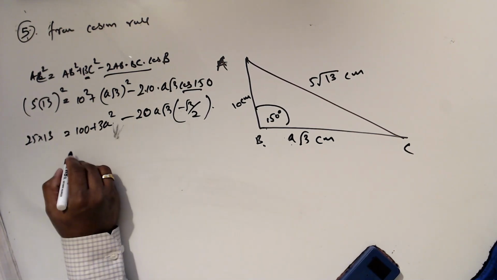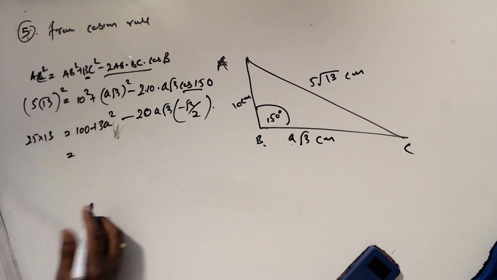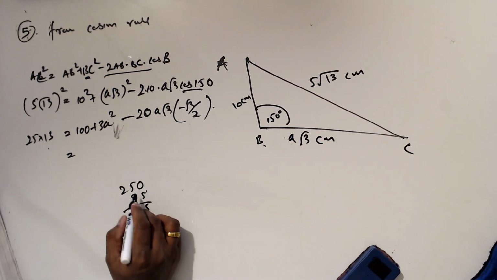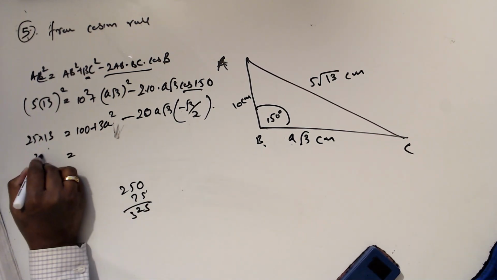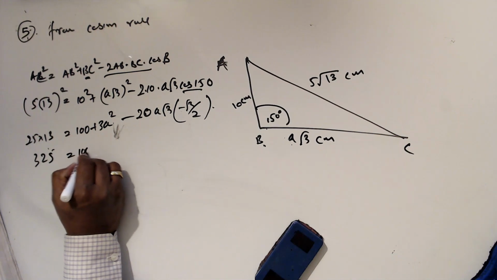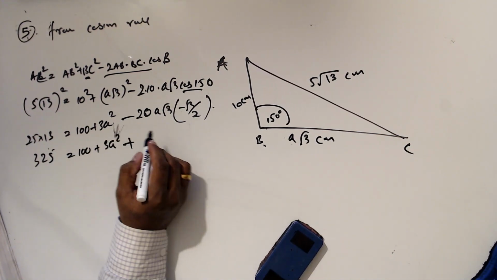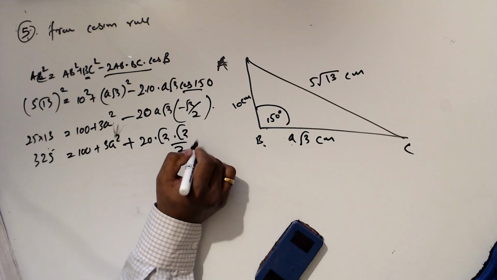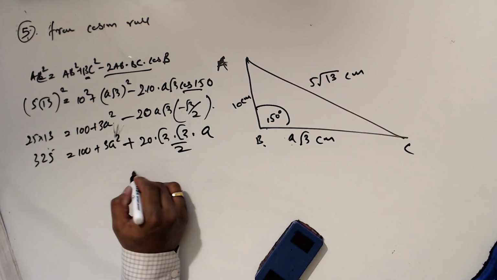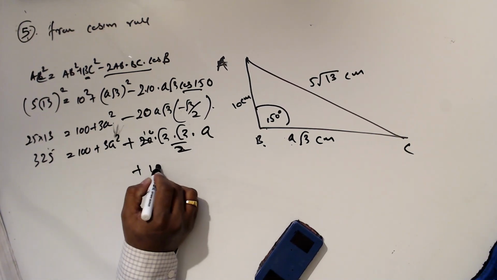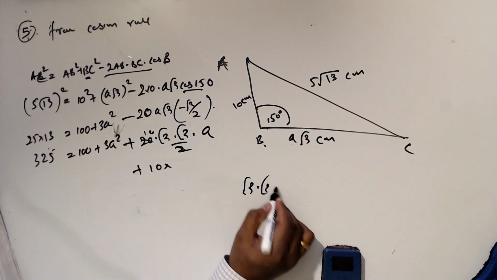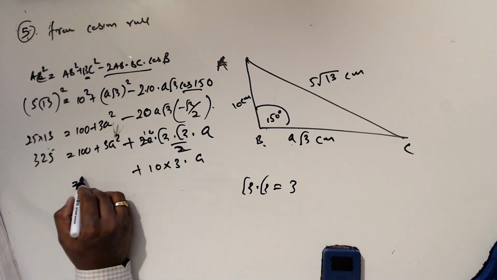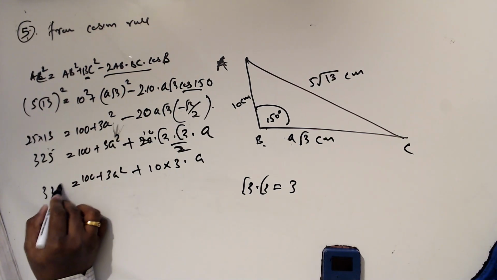Now this becomes plus 25 times 13, 25 times 10 is 250, 25 times 3 is 75, 325, and this is 100. 3A square, this minus becomes plus, then 20 square root 3, and I'll write this square root 3 together times A. This becomes 3, and 2, this becomes 10 times square root 3 times square root 3 is 3 times A. So 100, 3A square, 325.